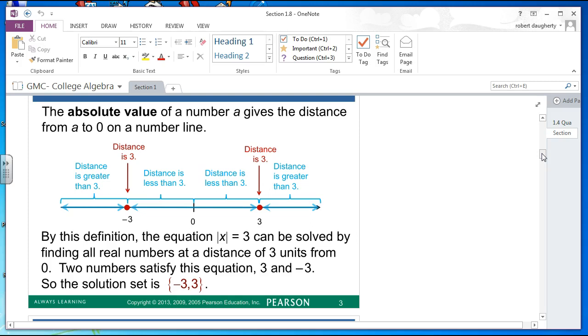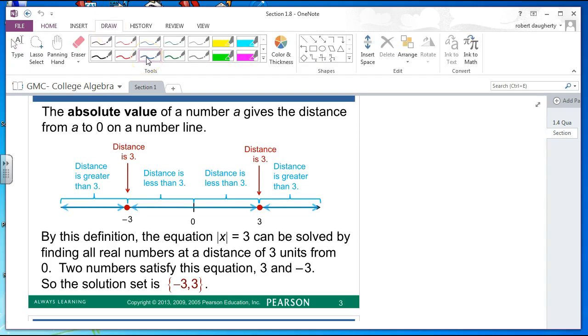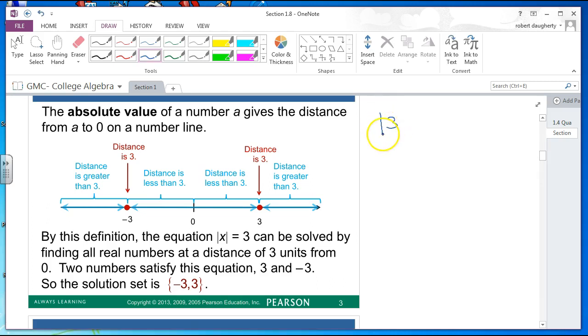So absolute value, if you remember it from previous work, you'll see something like this, the two vertical brackets. Think of absolute value as taking the positive value. So the absolute value of 3 is 3. The absolute value of negative 3, you just make that positive, it's 3.